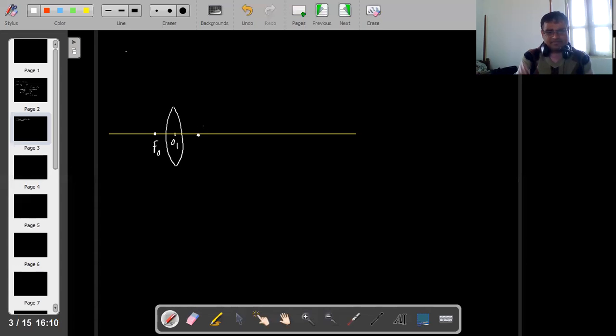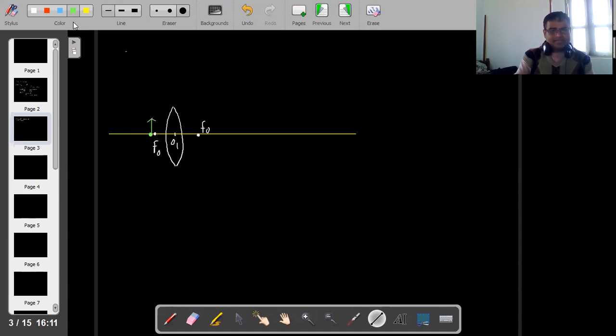This is FO. Now the object is taken very close to FO. The object is always taken very close to FO, and this is a very small object.